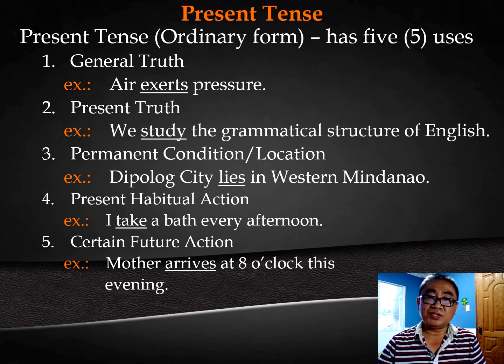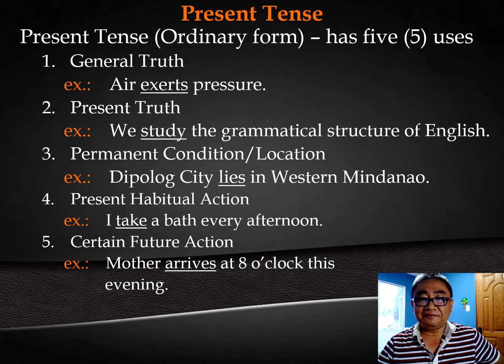Present habitual action, I take a bath every afternoon. So, habitually done. Certain future action, mother arrives at 8 o'clock this evening. Meaning, even if we do not use will and shall, still the verb expresses that the action is yet to be performed.